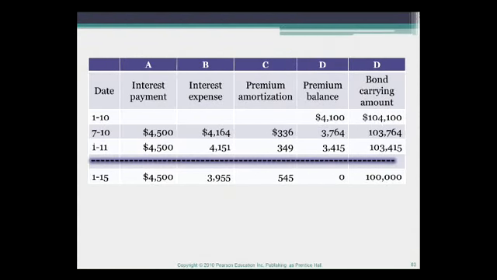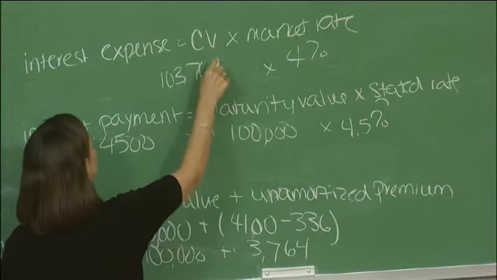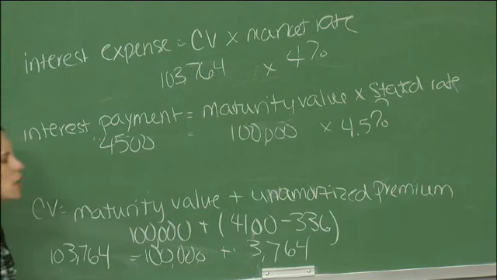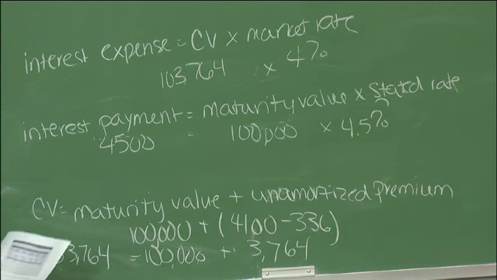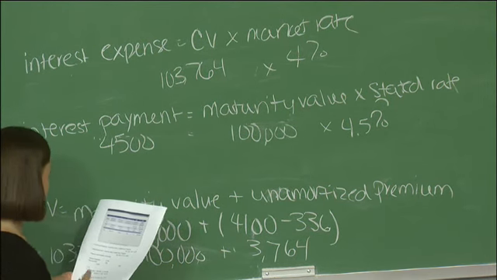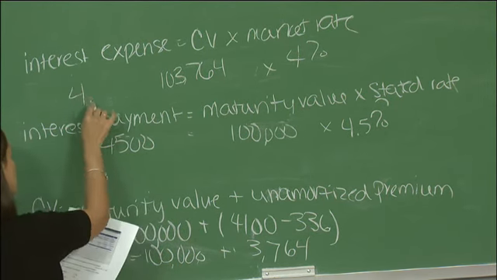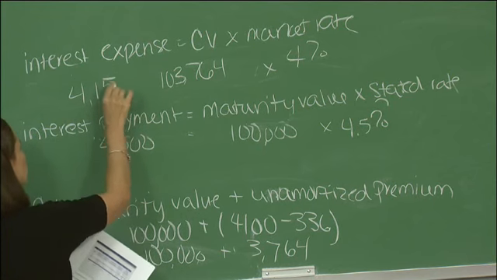Okay, so now our interest expense is that carrying value of $103,764 multiplied by that 4% market rate. We get interest expense of $4,151.